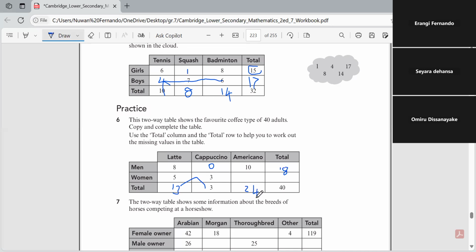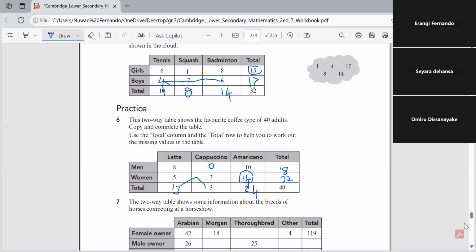From 24, when you subtract 10, what should be the answer? 14. Okay, now here 14. Now it is to get the total. 22. Very easy, right? The next one also we did.